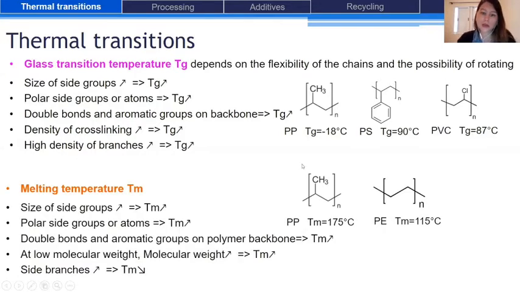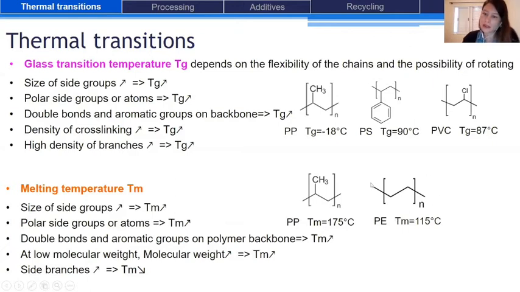Regarding the melting temperature, we can also make a list of some parameters that increase this temperature. In the same way as the Tg increases with the size of the side group, it is also the case with the melting temperature. In that case, we can compare the melting temperature of polypropylene and polyethylene.